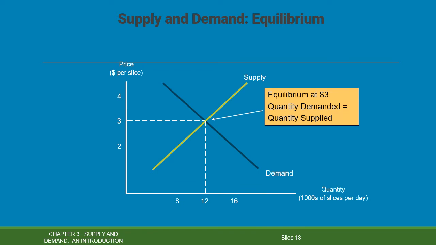So here we see that in action. We see the point where demand and supply meet, and we see it at about $3. So at $3, people are generally happy at that price, being sold at a quantity of 12,000 slices per day, right? So producers aren't losing out, meaning they're not selling it at a loss.